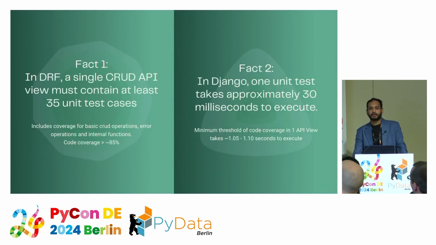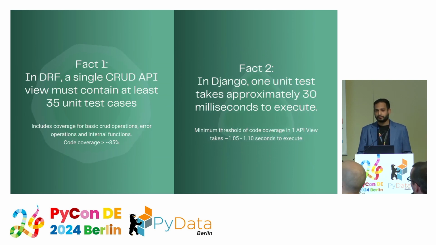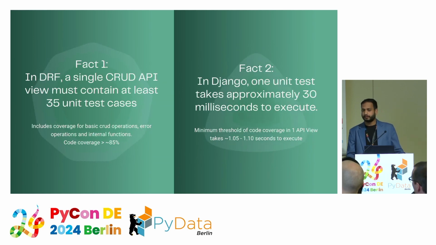So starting with two factuals. When you're creating an API out of DRF, Django REST Framework, and you're covering a basic CRUD, you're bound to write at least 35 unit test cases. So your code coverage revolves around 85%. It's the bare minimum code coverage that you can create.